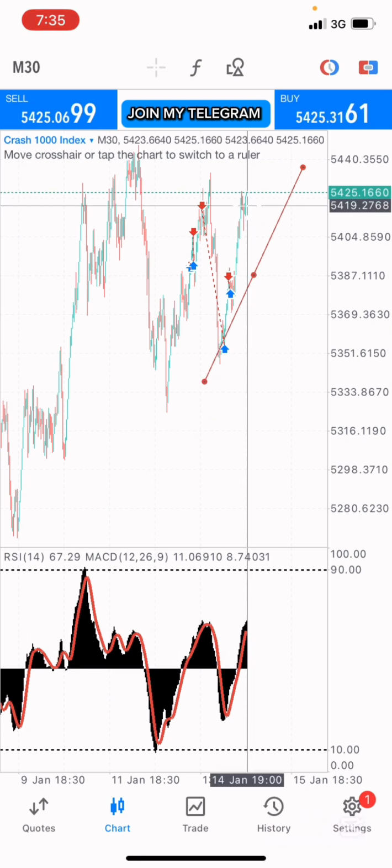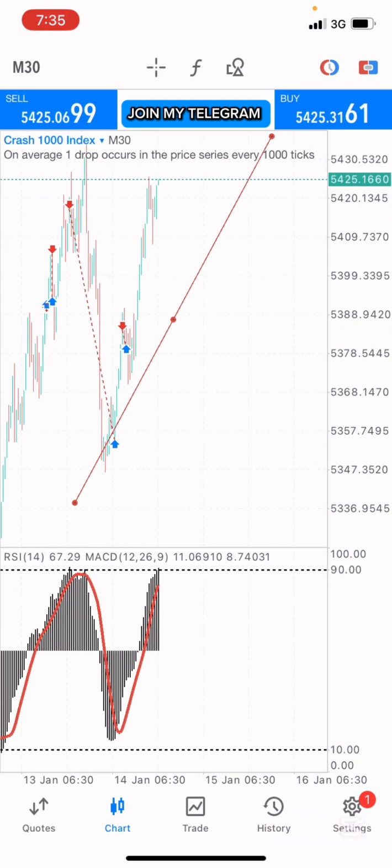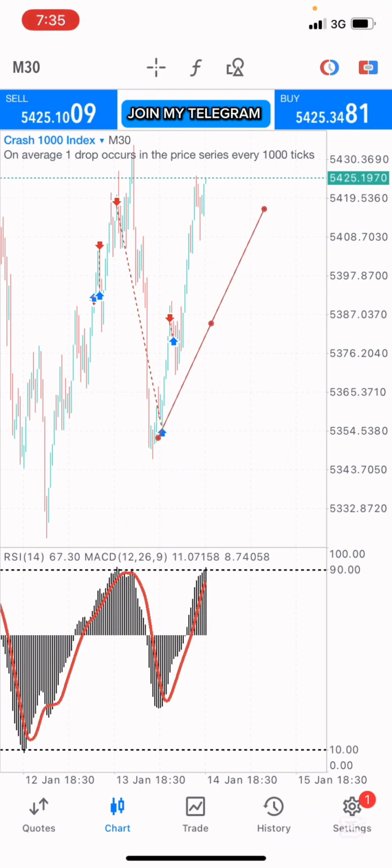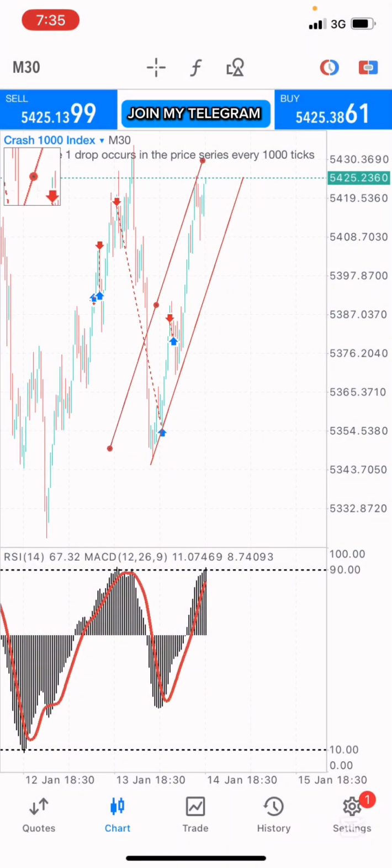Then we zoom in a little bit into the market. We draw the lines from this point here. Then we're going to copy it at this point, then take it upwards, so that I can touch from that point to the other side at this very point.